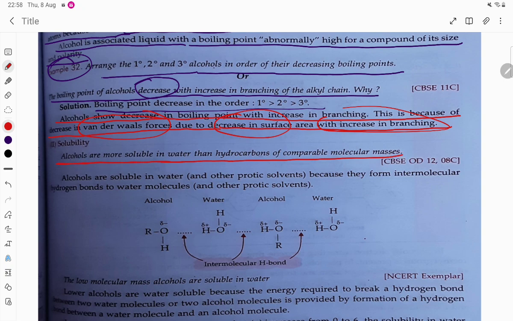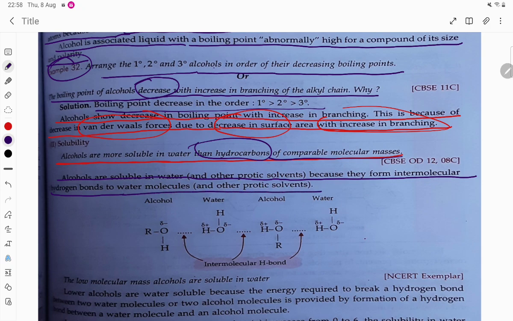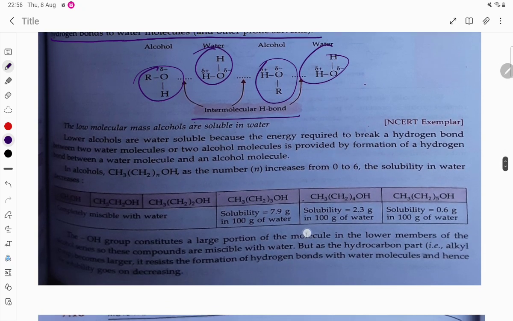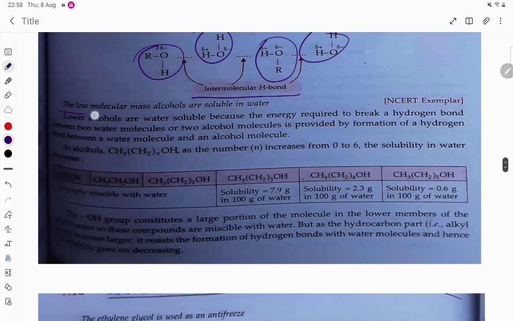Alcohols are soluble in water and other protic solvents because they form intermolecular hydrogen bonds with water molecules and other protic solvents. So this is alcohol, here is water. They form intermolecular hydrogen bonds, so they are soluble in water. Low molecular mass alcohols are soluble in water.